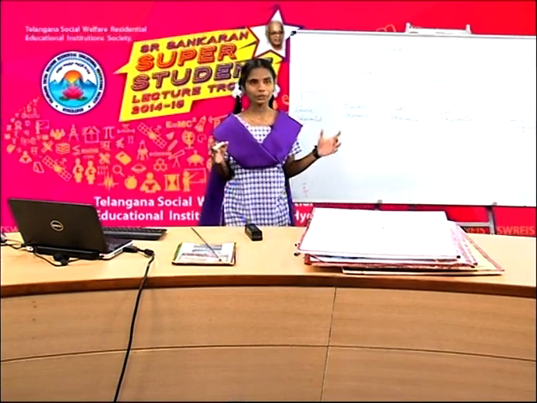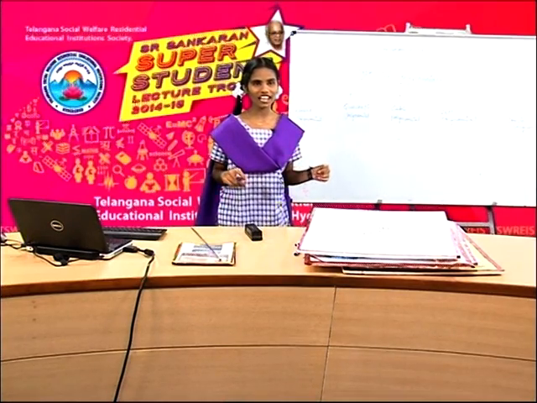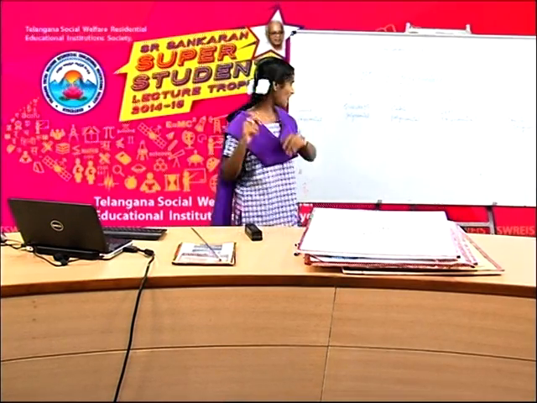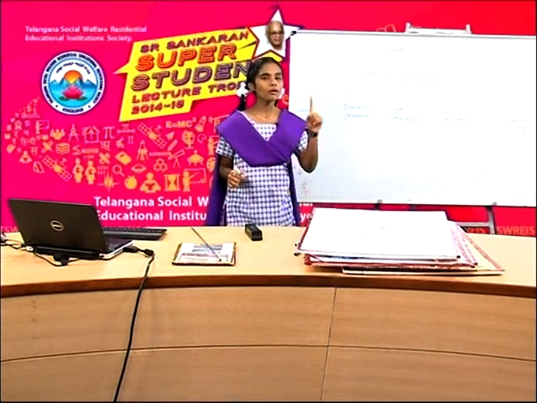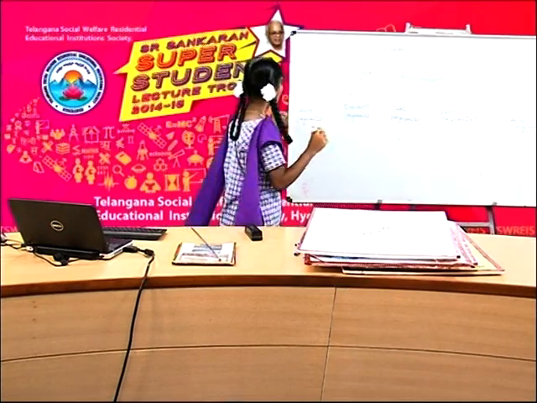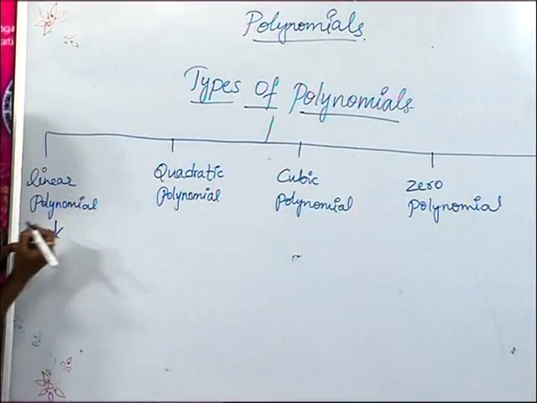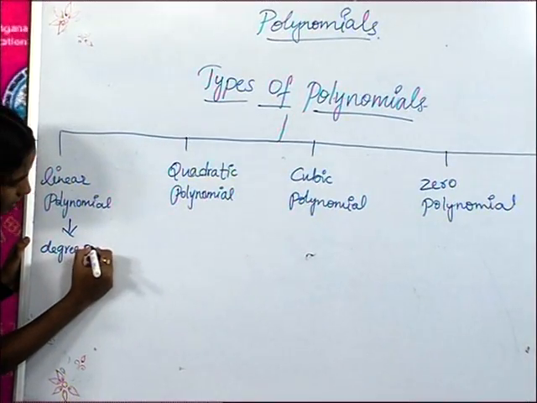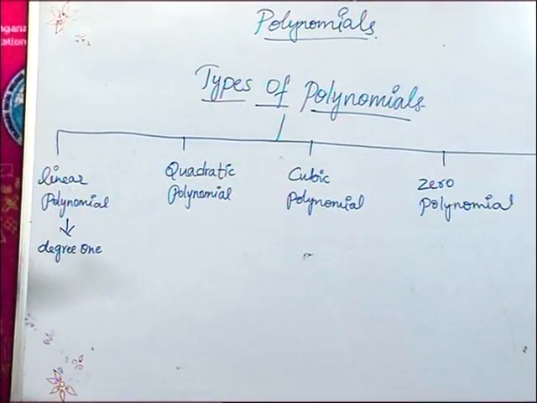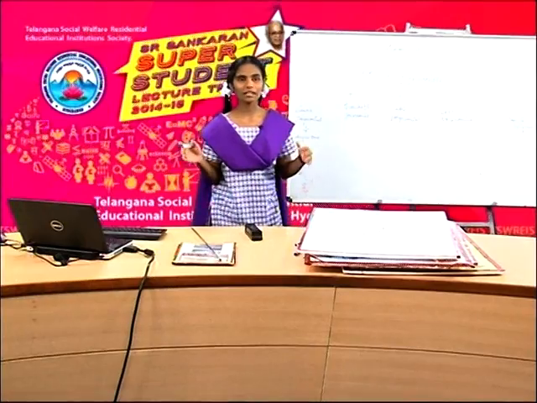Friends, do you know what a linear polynomial is? Yes, you are right. A polynomial whose degree is 1 is called a linear polynomial.